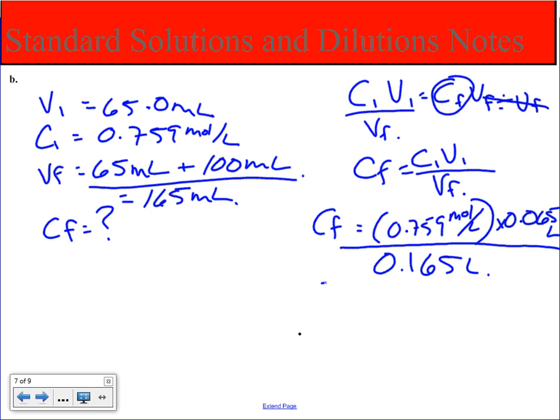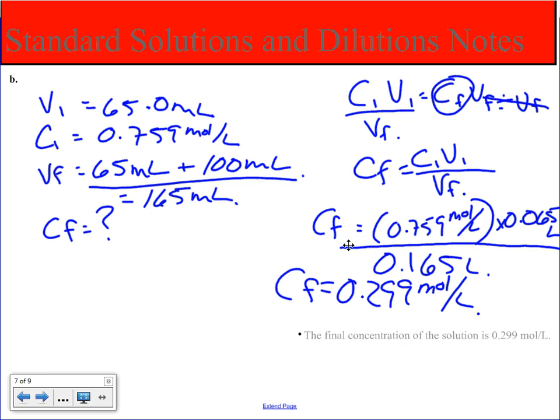And I then end up getting a final concentration of 0.299 moles per liter. And if I look here, the final concentration of the solution is 0.299 moles per liter.